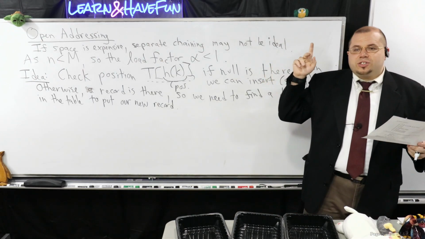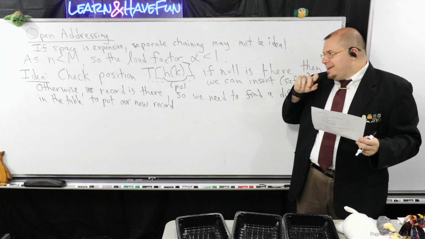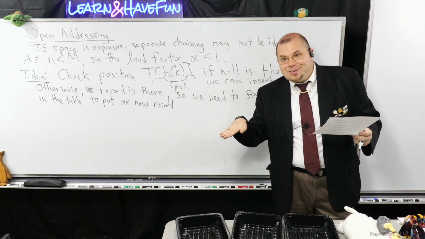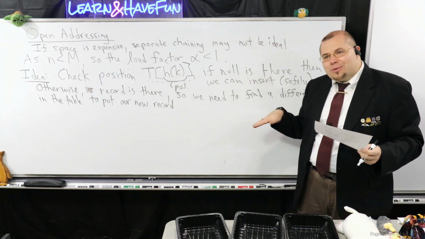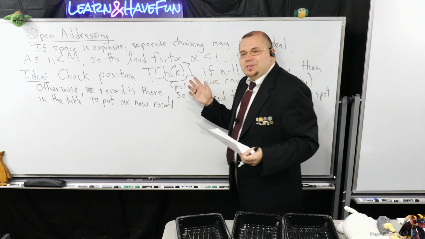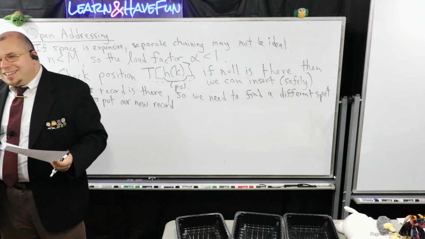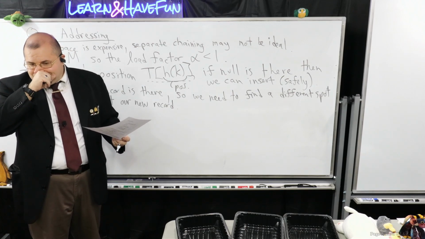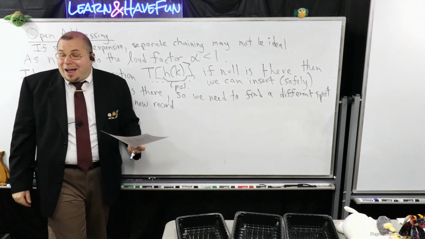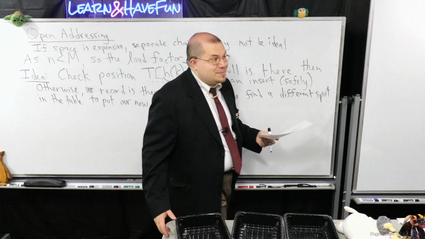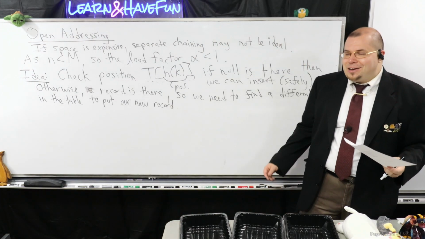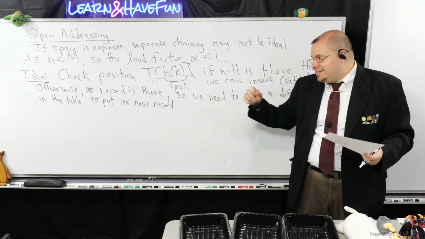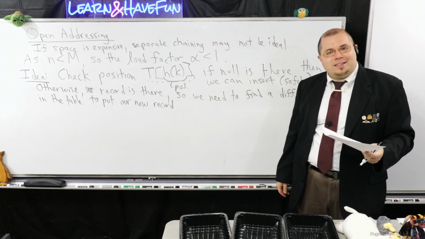There are two issues at hand. First, if we already have something in that spot, the hash function will get us to that spot. But there's another issue. What if I want to access this record in the future? Can the way I access it be something that changes on a whim? Maybe, maybe not, but either way, it's probably not a wise idea, especially in this setting. I can use the hash function to tell me where it should be, but then I need to know how to get to this other slot in the table.